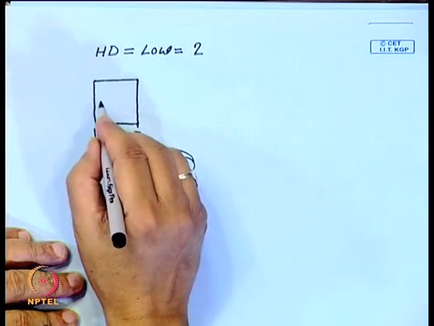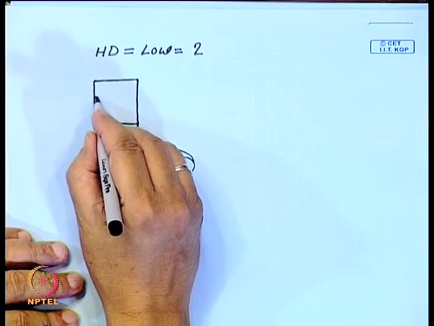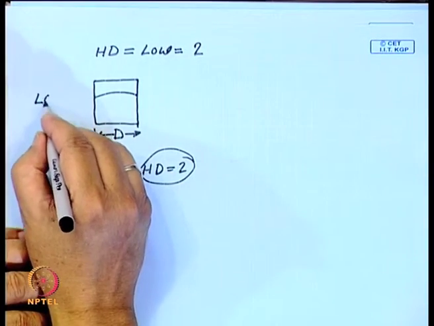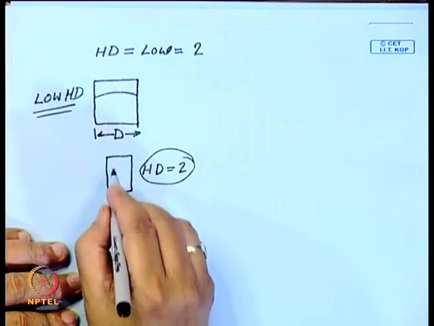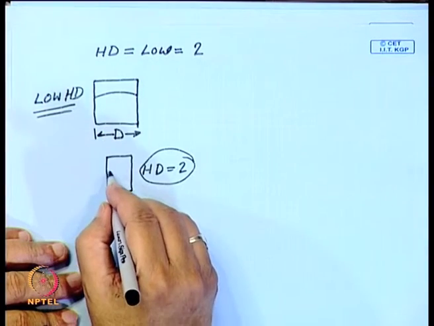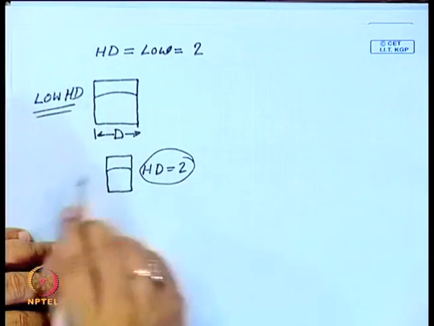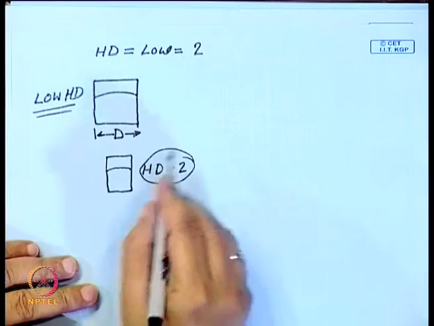So, if HD value is low, you will find that this profile will be shallow, a low profile. So, low HD. Here also, if you maintain the same low HD, you will get a similar low profile, so the relative cooling characteristic will be the same.